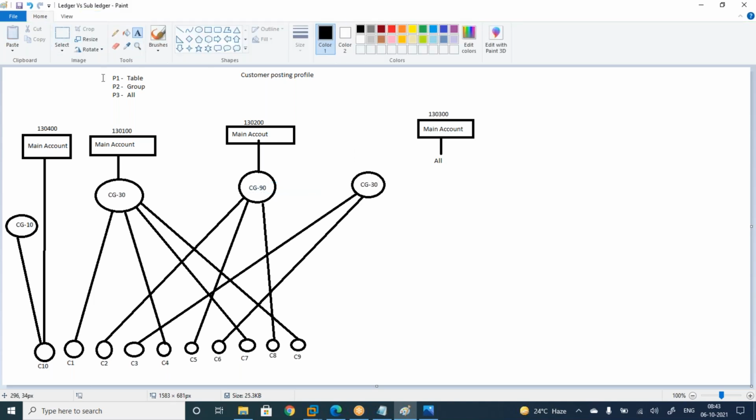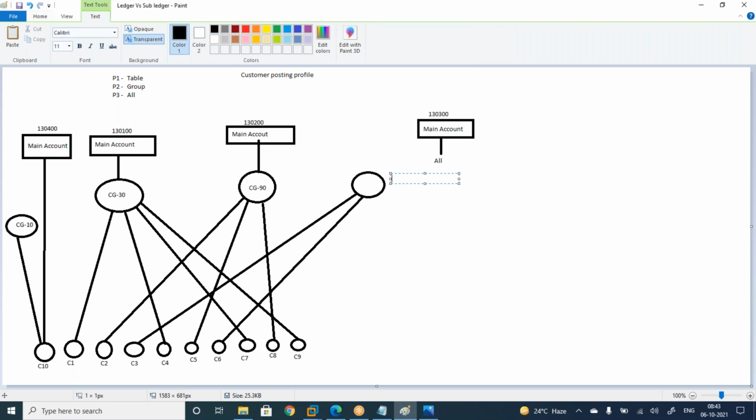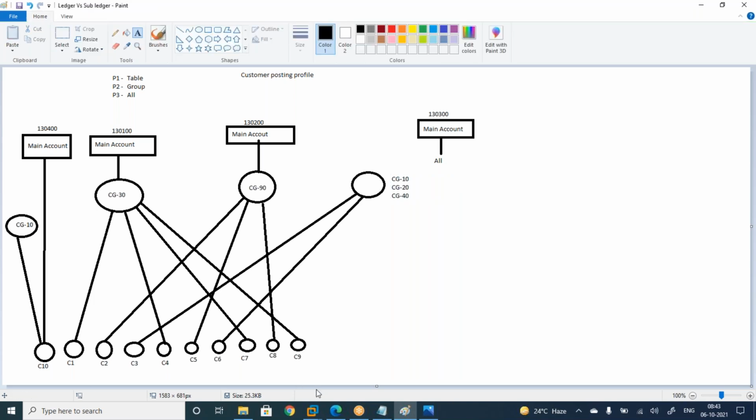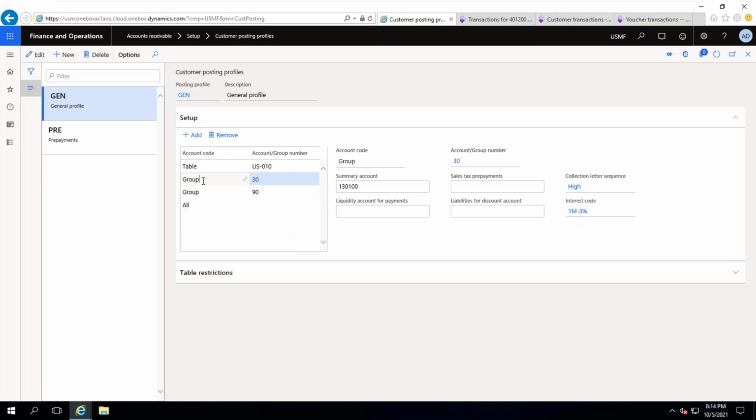There are 10, 20, 30, 40, all those things are there. This may be customer group 10. Customer group 20, we have not mapped any account, am I right? Customer group 40, we have not mapped. See, look at this one. 30 is linked with 130-100, but 1020 was not mapped. 1020 means it will refer to this account. Understood?